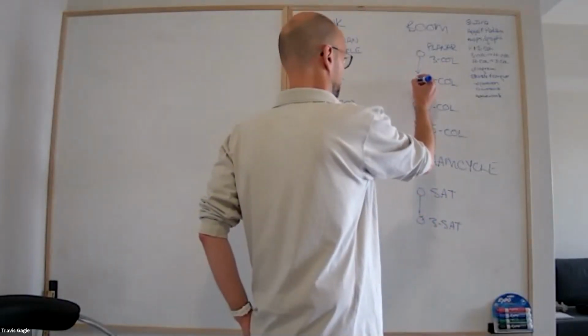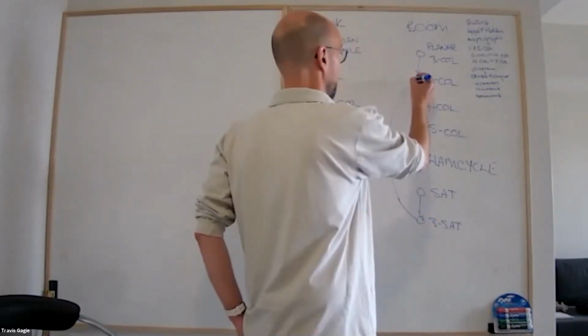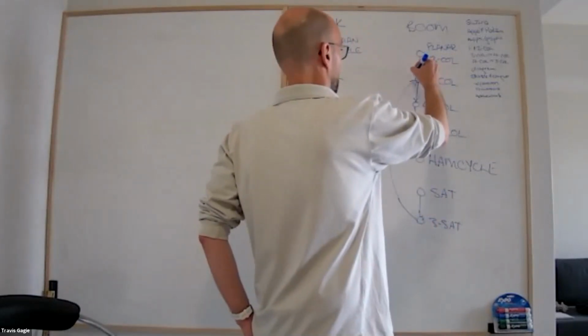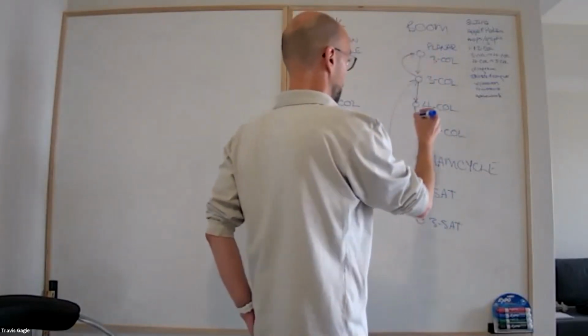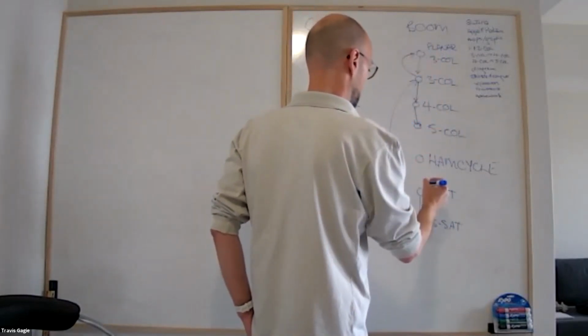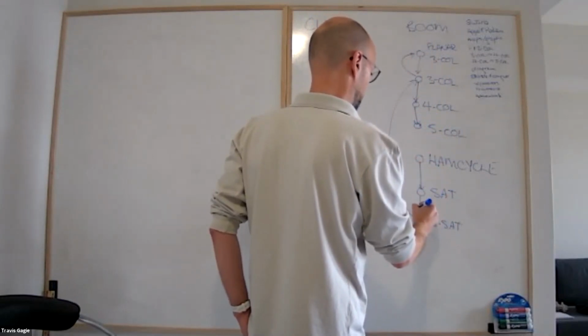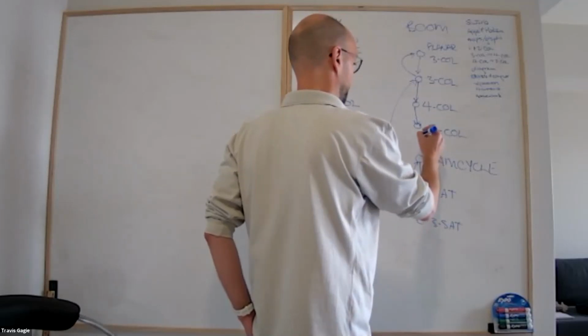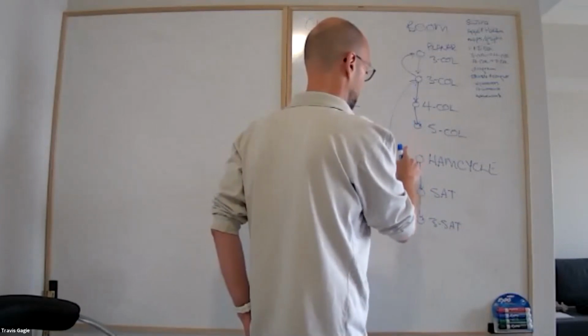And 3SAT reduces to three colorability, and also three colorability reduces to planar three colorability, and five colorability, blah, blah, blah. And also Hamiltonian path reduces to SAT, and 3SAT reduces to Hamiltonian path, and five colorability and whatever reduces to SAT.